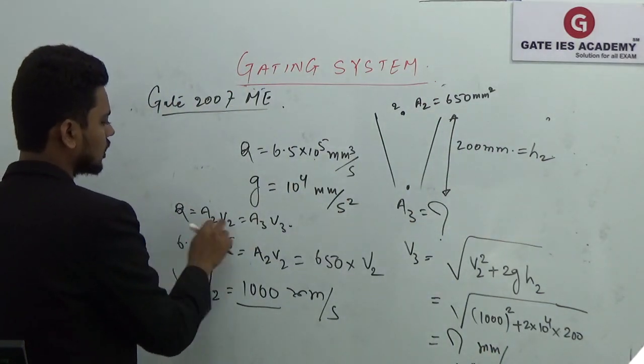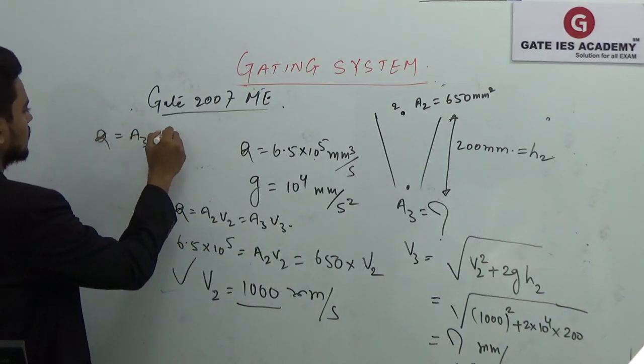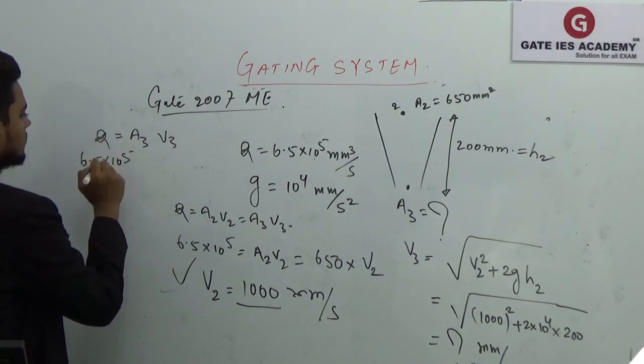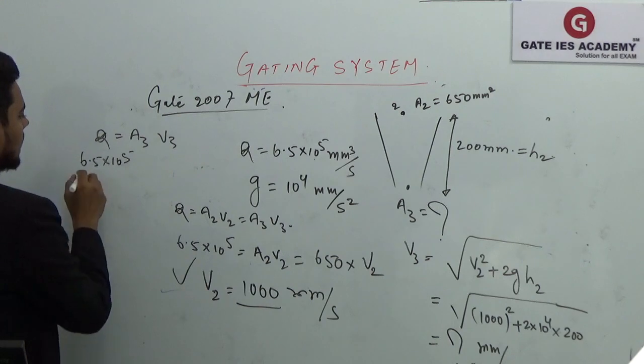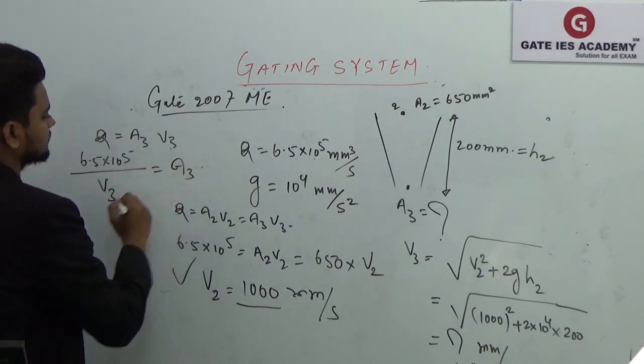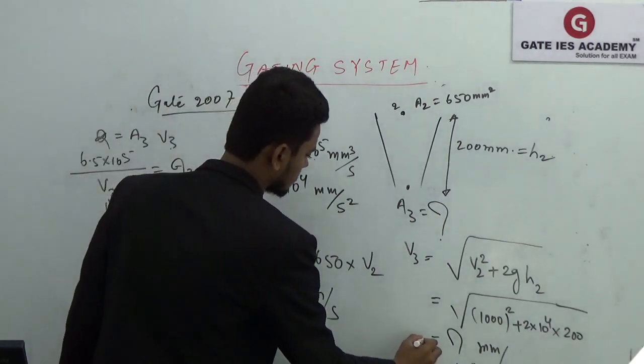Now Q equal to A3 V3. So Q equal to 6.5 into 10 to the power 5 upon V3 will give you A3, and this V3 you will get from here.